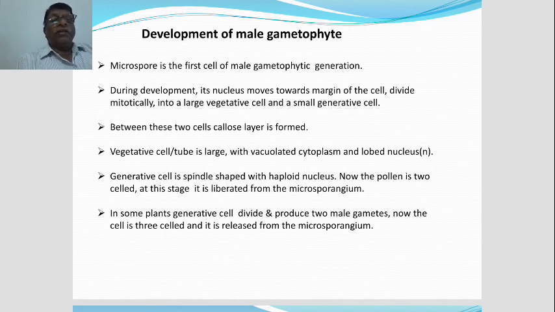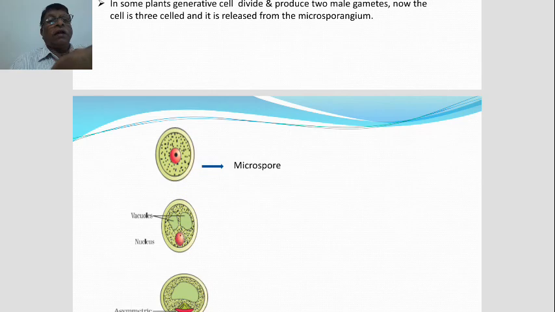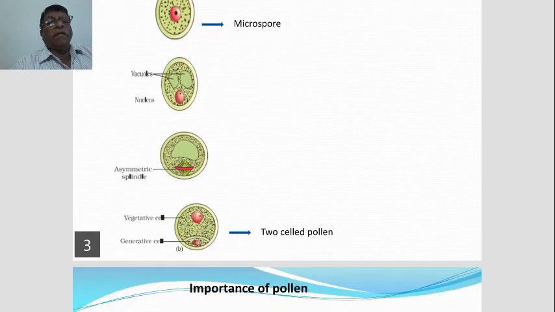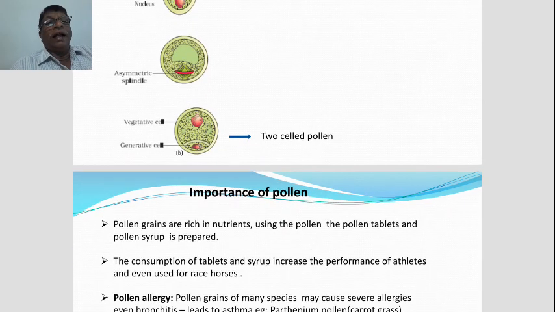Okay, that's all about the development of male gametophyte. Explain the structure and development of male gametophyte for 5 marks. See the diagrams.